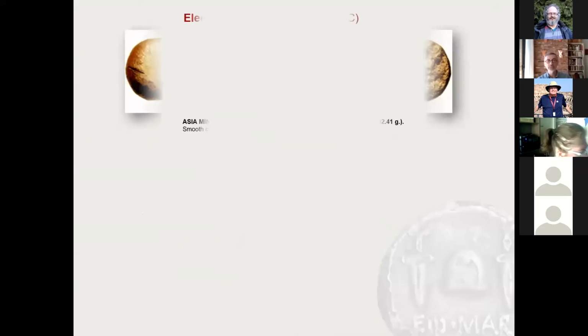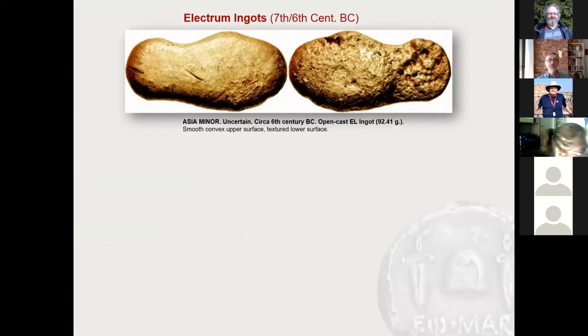But how did that happen? We see a lot of electrum ingots in commerce and in museums, of course, and in various catalogs. And from comparison, we know that they were intentional castings.